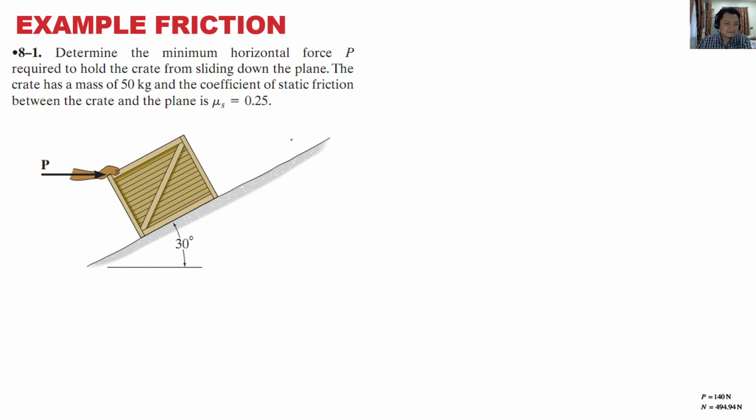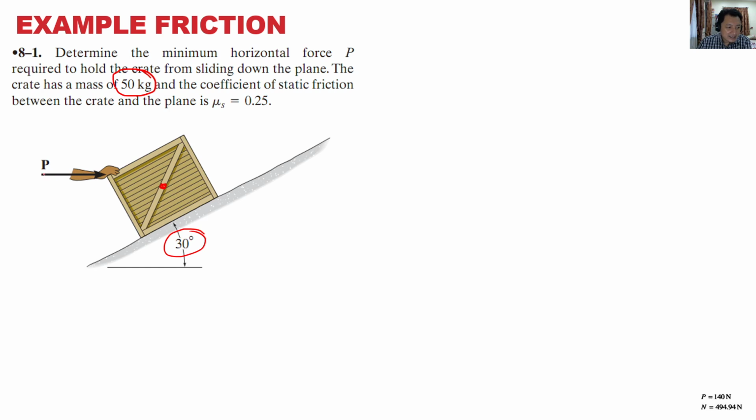So here in front of us, we can see a box. The box is inclined at a gradient here. So you've got the 30 degrees angle. This box is very heavy. It's 50 kilogram.